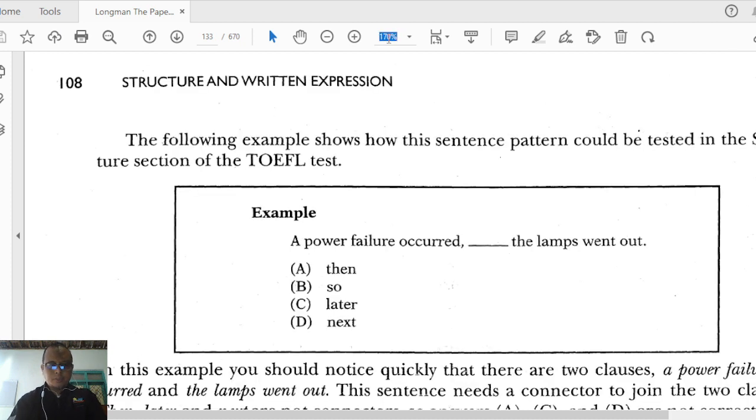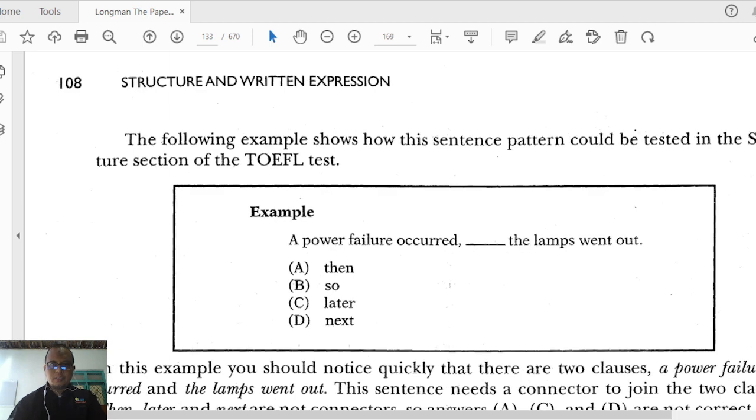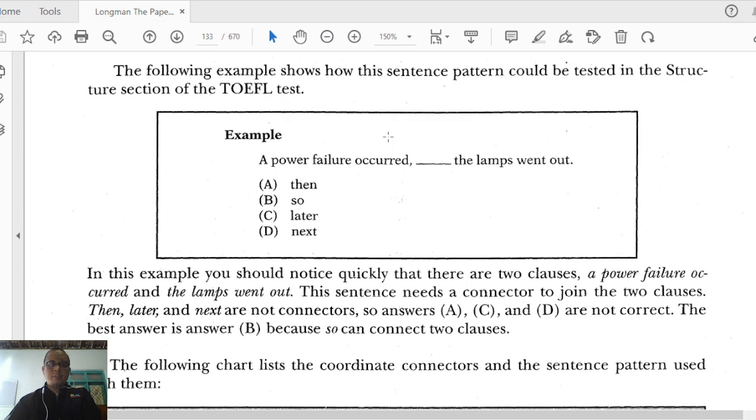Okay, so here a power failure occurred. The lamps went out. So now we're gonna learn about connecting sentences.